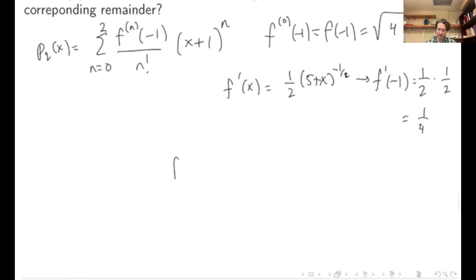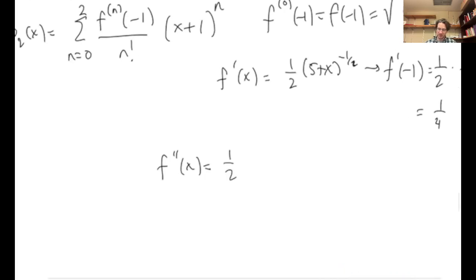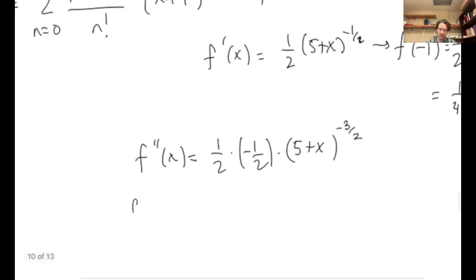And lastly, f double prime of x looks like 1/2 times minus 1/2 times 5 plus x to the minus 3/2 when you take another derivative. So f double prime of minus 1 is minus 1/4 from that times 4 to the minus 3/2.